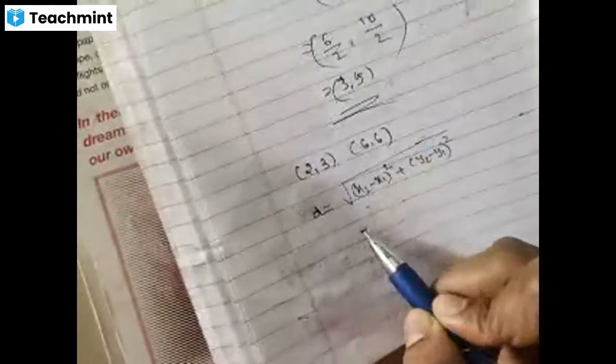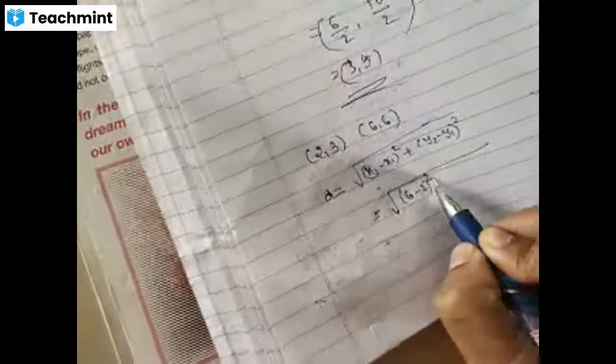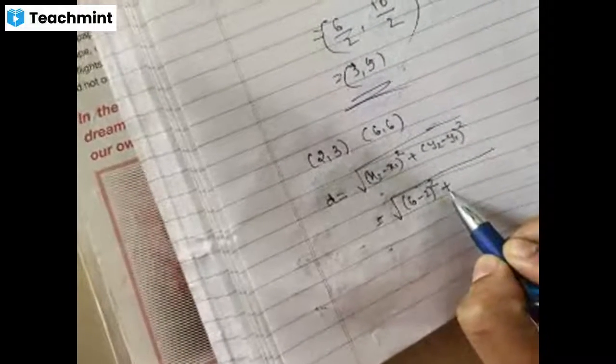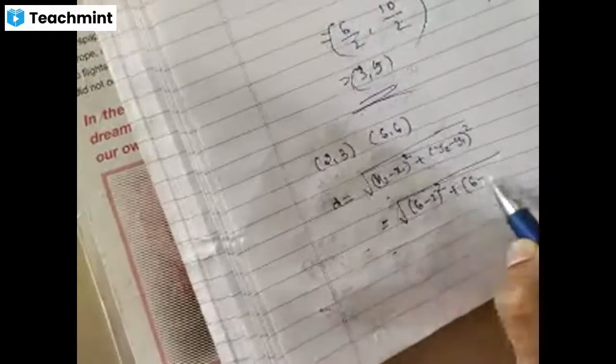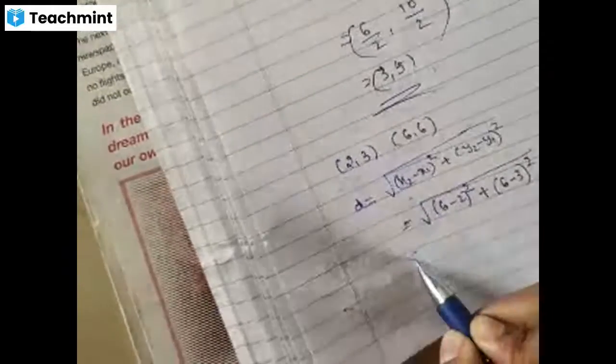So (6 minus 2) the whole square plus (6 minus 3) the whole square. 6 minus 2 is 4. 4 square is 16. 6 minus 3 is 3. 3 square is 9. So root 25 is equal to 5 units. 5 units is the answer.